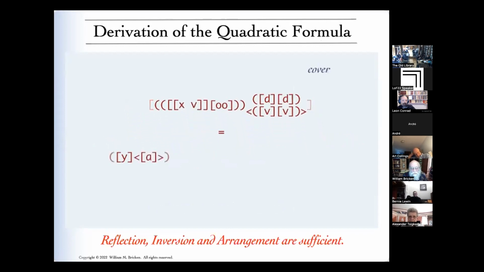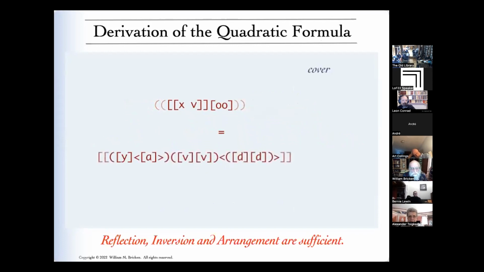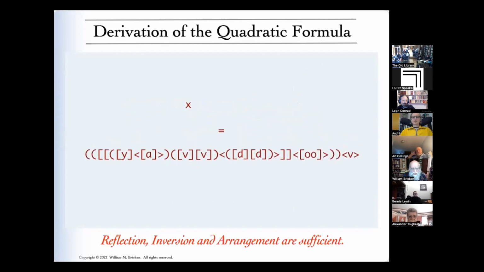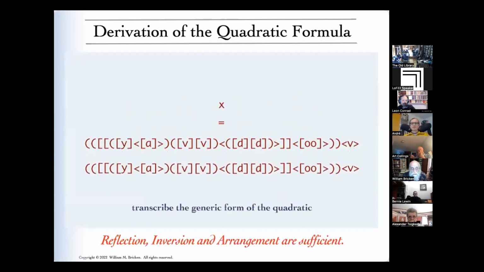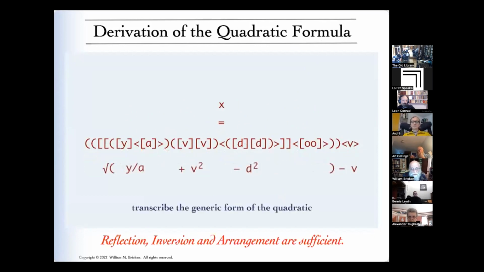To get to X, we just do a lot of move and cover operations, strip it down. And now there's a single X, and that is the James form. If we translate that, it looks like that in standard notation.